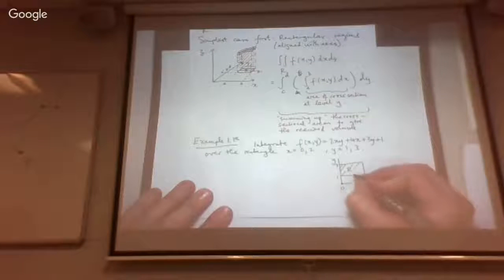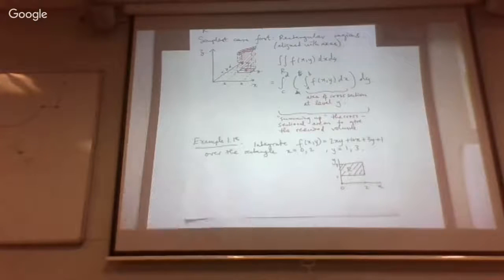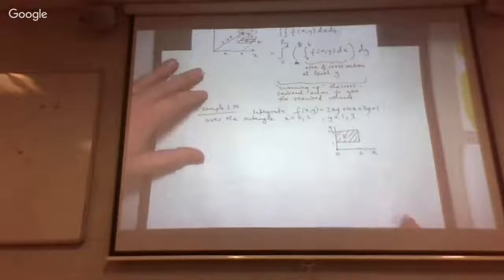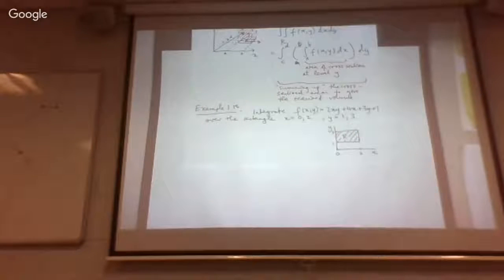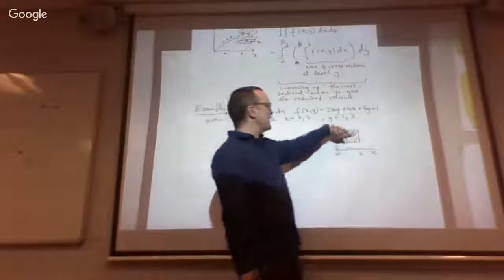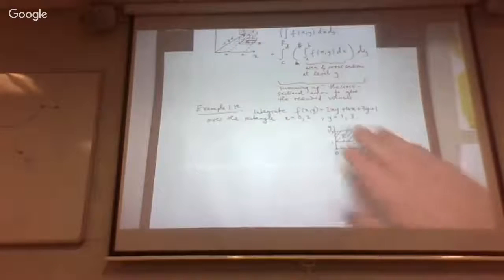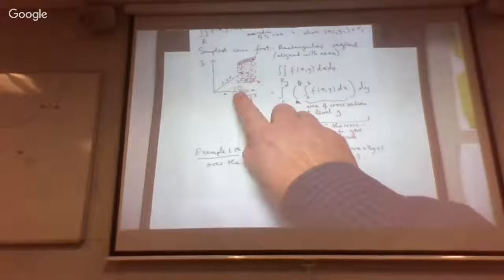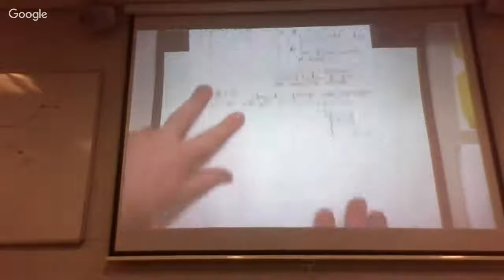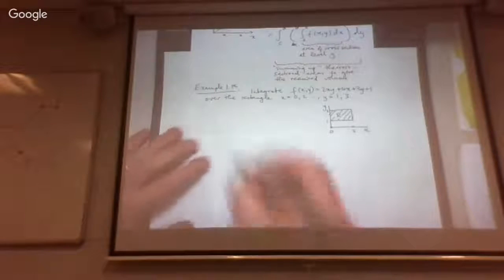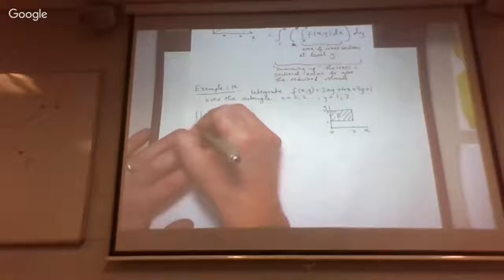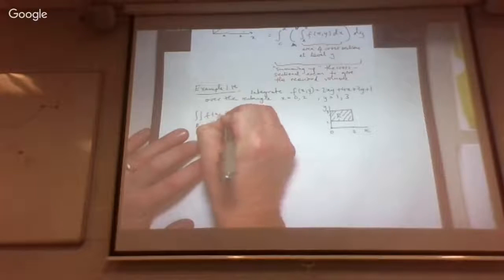We'll call that R. This is the particular function I'm talking about. This is the particular rectangle, and it is nicely aligned with the coordinate axes. So we're doing an example like that general one depicted here. We're going to be taking the double integral over R of f of x, y.